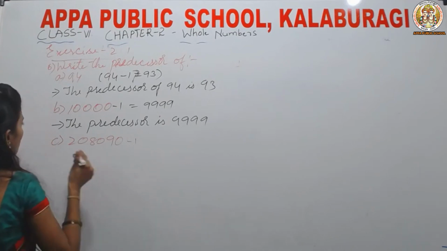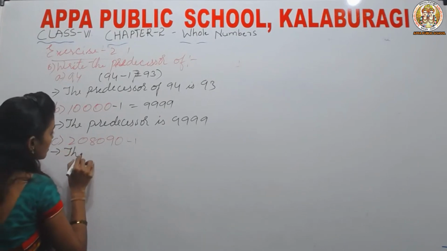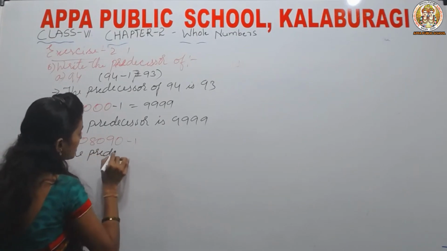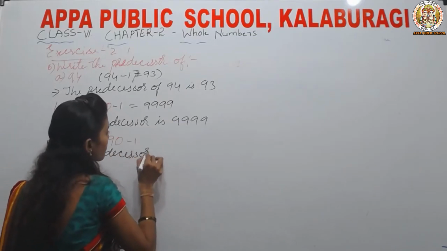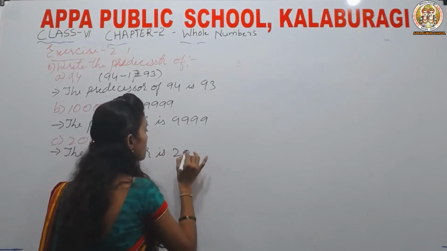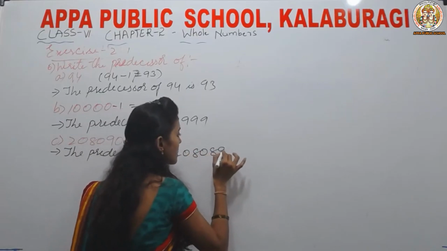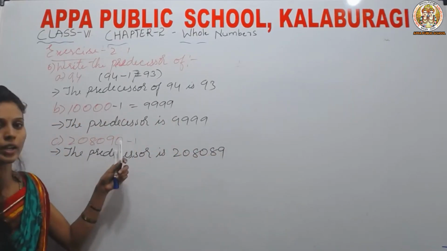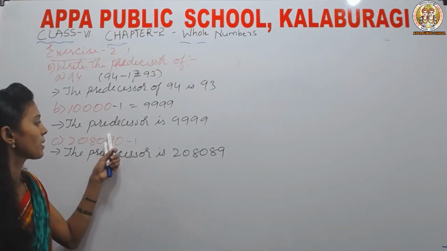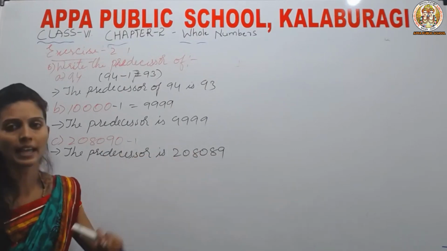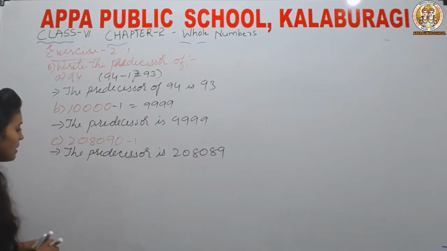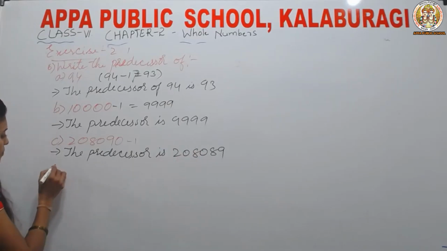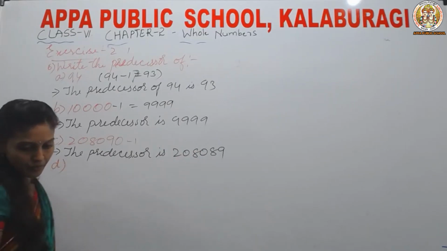So therefore, the predecessor is 208089. In subtraction, if you borrow, this will become 8, 10. 10 minus 1 is 9. That's it.